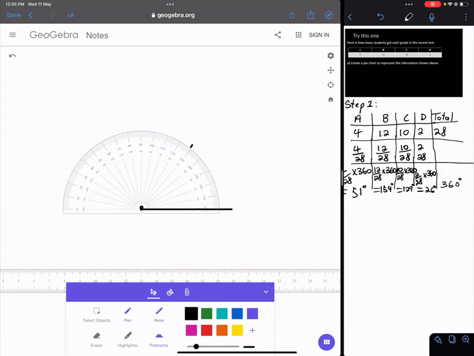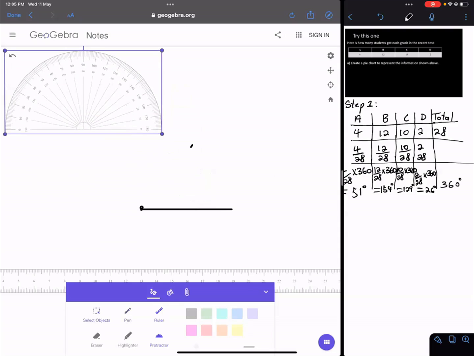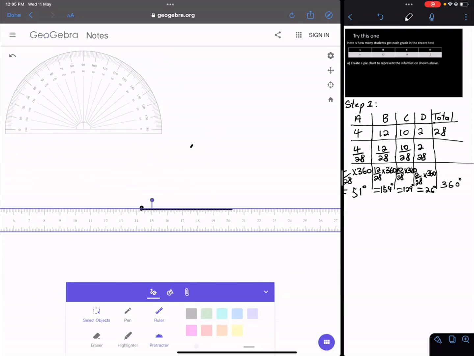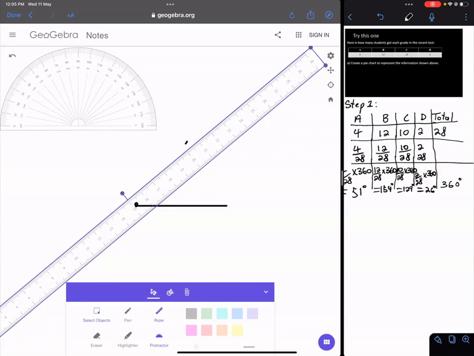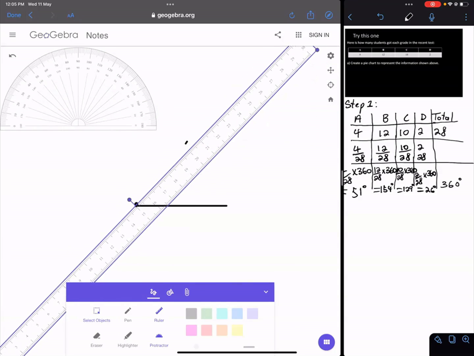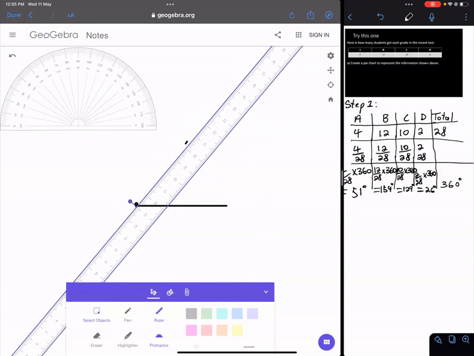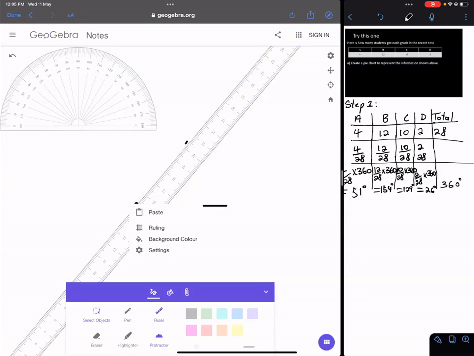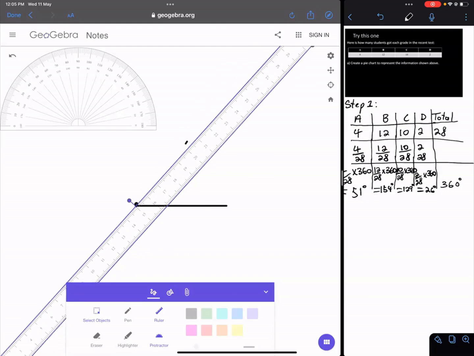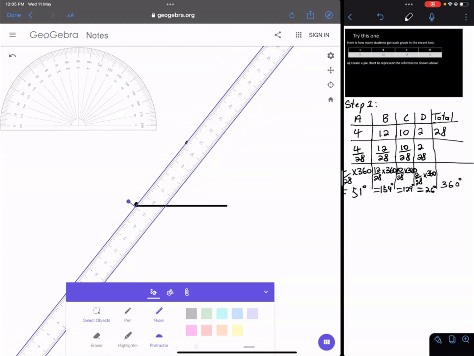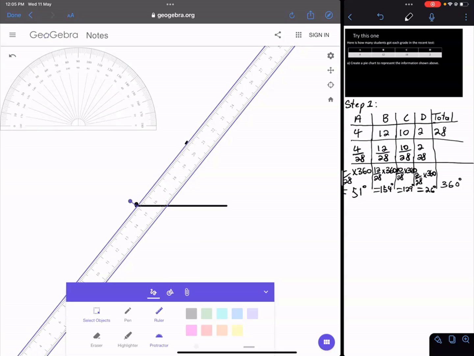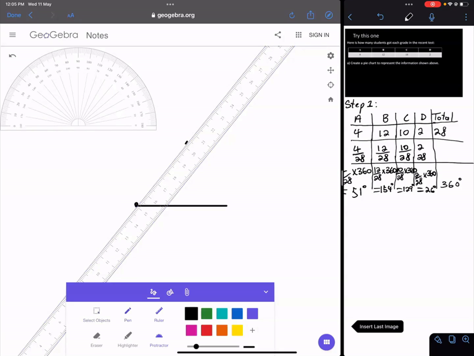So getting our ruler, we will now draw a straight line from the center towards that mark that we have created. Alright, so that's our first angle, 51 degrees.